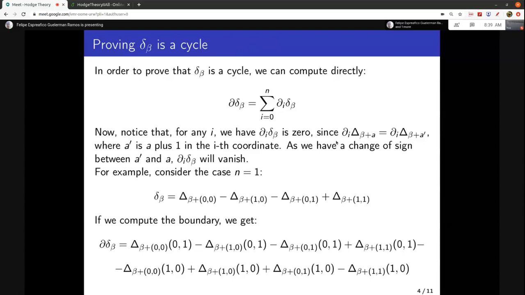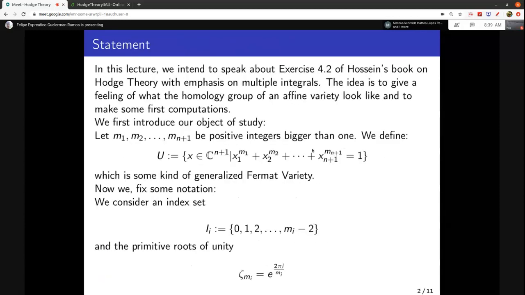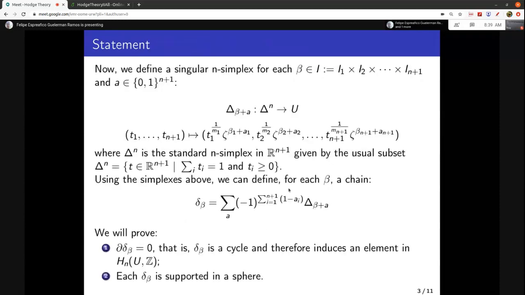And what happens is that when we restrict to a face, we are considering 0 in one coordinate. So if we change A to A prime by summing 1 in the ith coordinate, as we are putting 0 on that coordinate, the simplex won't change, but the sign will change, because when we define delta beta, the sign depended just on A, right?